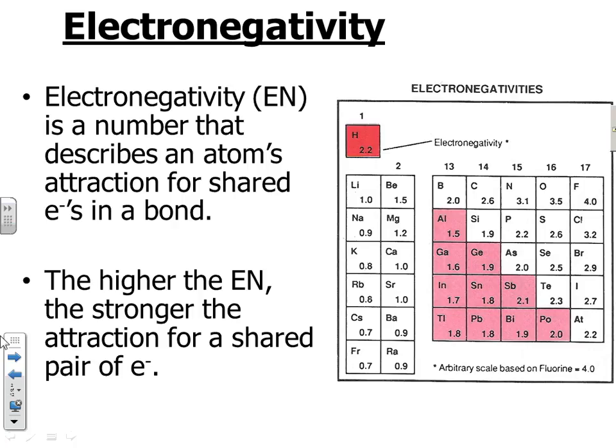Starting with fluorine, you could look down the group and see those numbers. What happens to the numbers as you move down? They get smaller. So as you move down the group, the elements get weaker at pulling on the electrons.